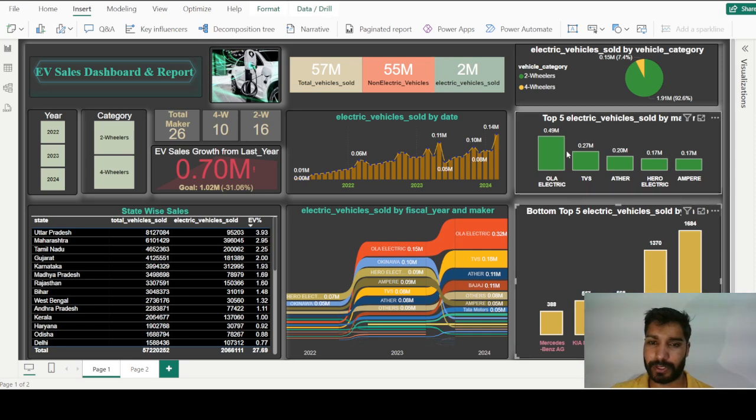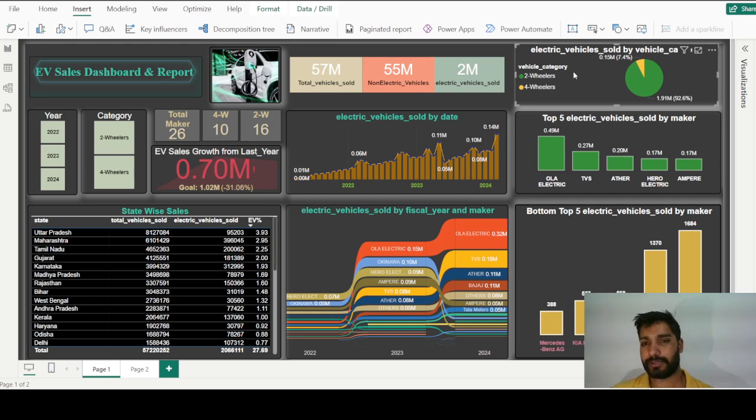With this pie chart we can easily analyze in which category electrical vehicles are doing great, like two-wheeler and four-wheeler. In two-wheeler, electrical vehicles are doing good sales, 1.91 million out of total sales.